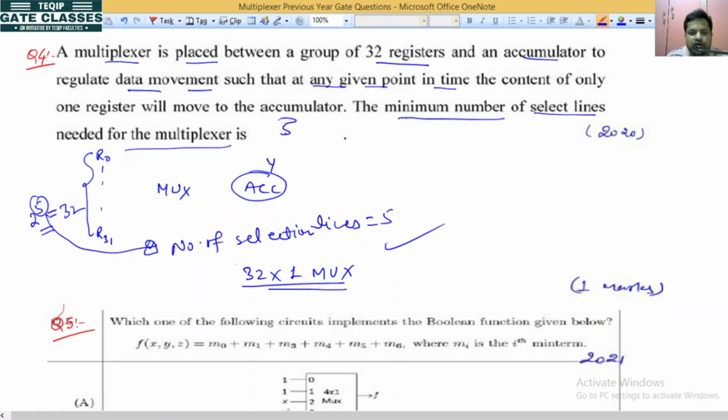So 5 will be the answer. It is a 2020 question.